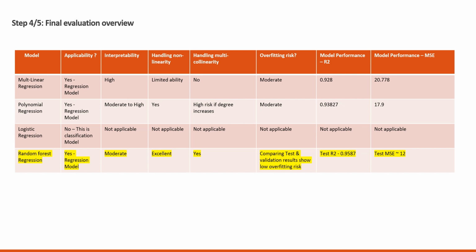It handles multicollinearity really well, and based on our results, the overfitting risk is far lower, and the R square is 96%, which is good. And we have a test MSE of close to 12. So random forest regression is the best model for our problem.